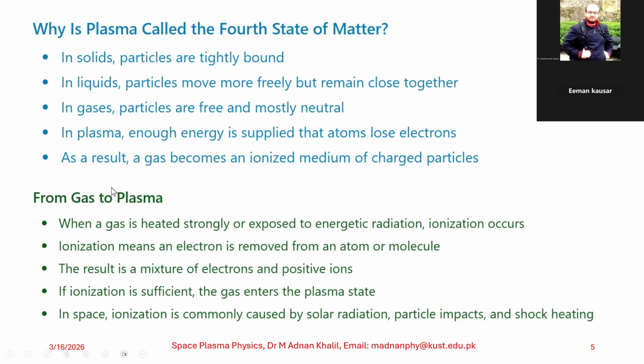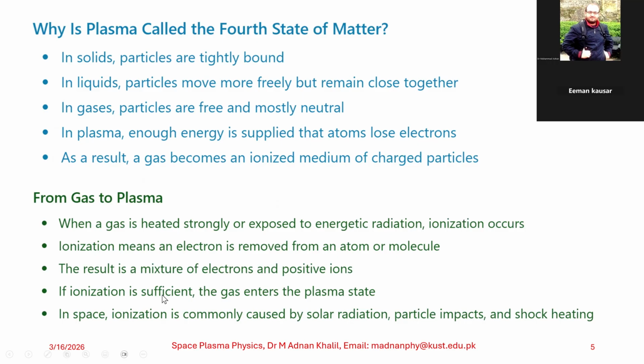I told you this: when we move from gas to plasma, when a gas is heated strongly or exposed to energetic radiation, ionization occurs. This is already told to you. Ionization means an electron is removed from the atoms or molecules. The result is electrons and positive ions.